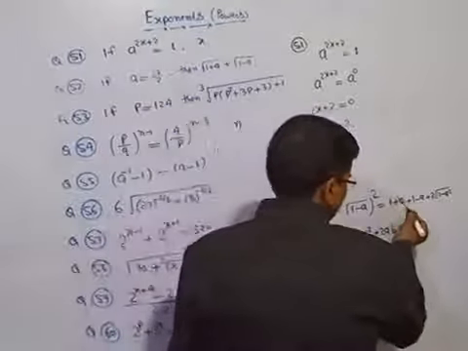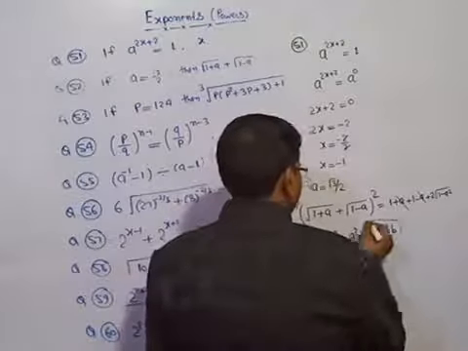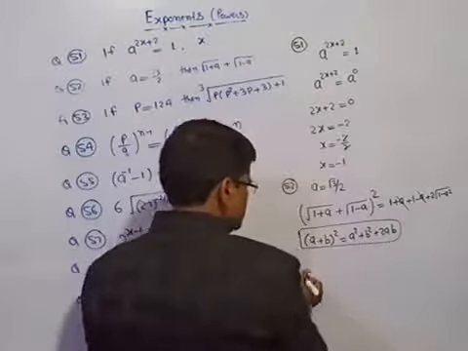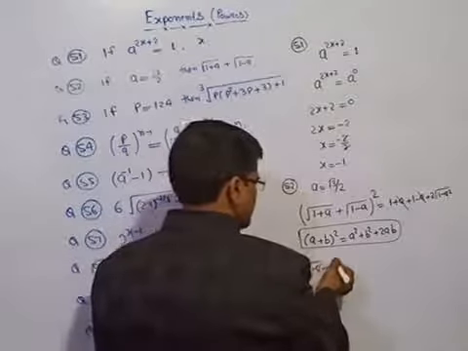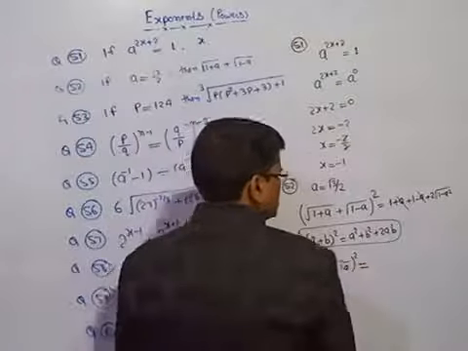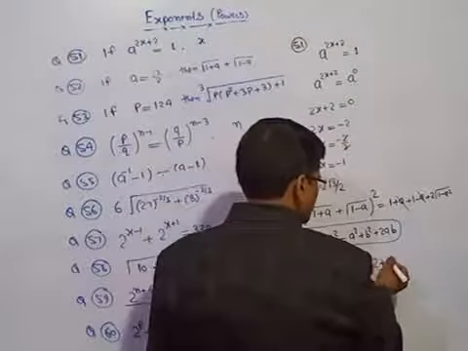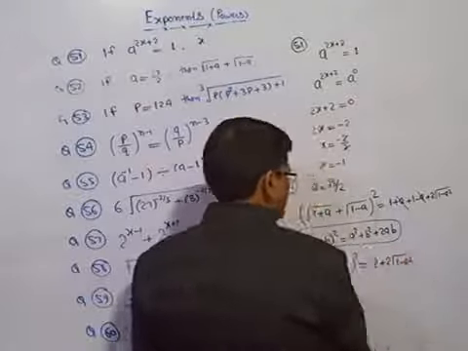This step and this step cancel out. Then (root 1 plus a plus root 1 minus a) whole square equal 2 plus 2 root 1 minus a square.